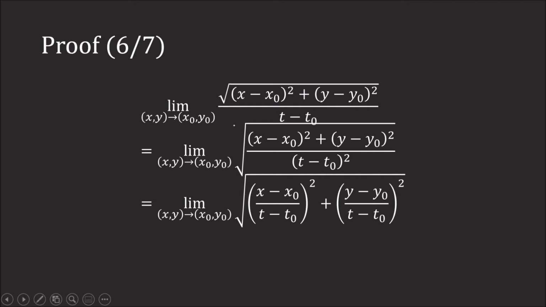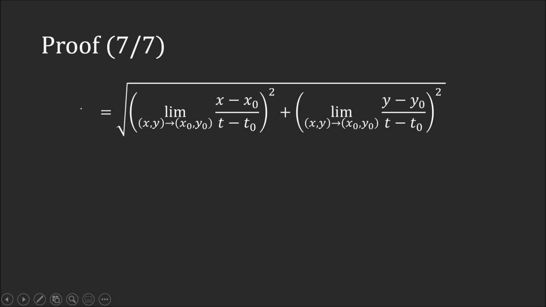Well, first let's bring this t minus t naught into the square root by squaring it. Then we can write this as two fractions. And then we can pull out the square root and write this as a sum of limits. So this is what we're going to wind up with. Oh, I'm sorry, and also pull out that square.